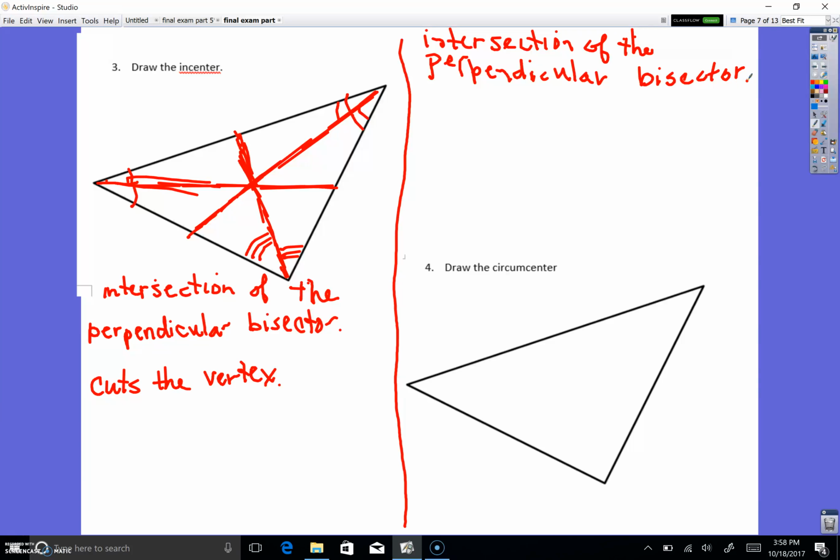Okay, and what the perpendicular bisector is, let's not say cut. Let's say it's the midpoint.